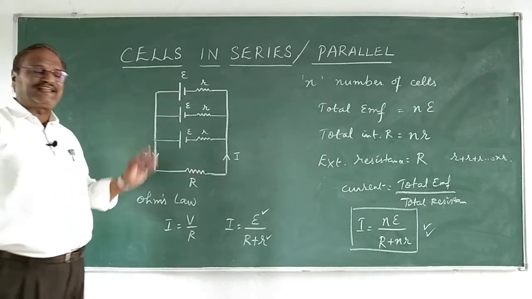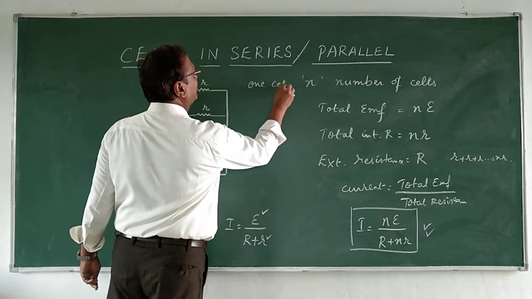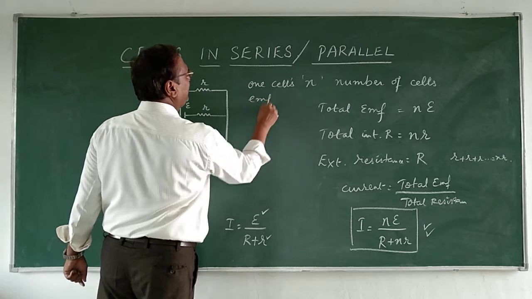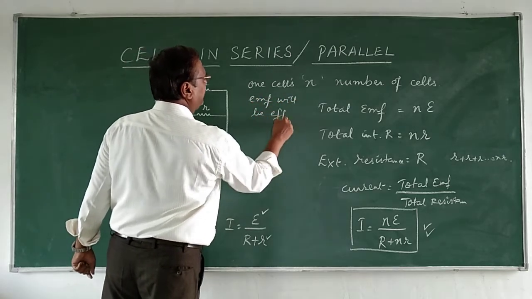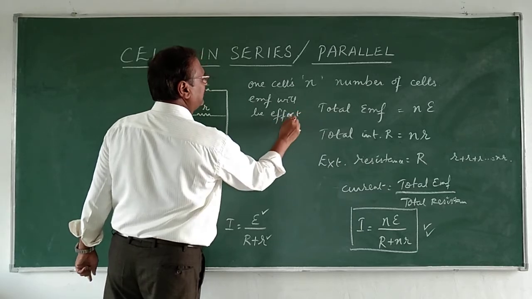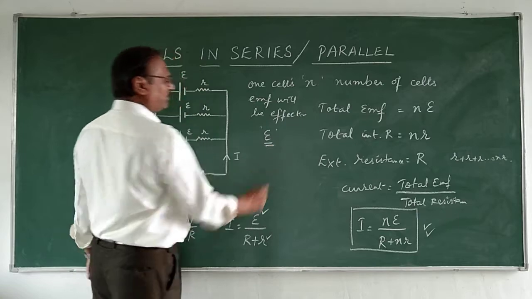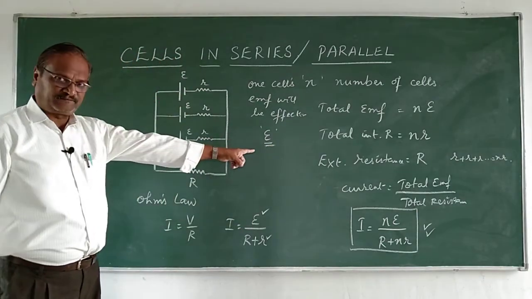So in parallel, only one cell's EMF will be effective. What is the meaning of it? Only one cell effective. That means the total EMF we have to take is that of only one cell, that is epsilon.